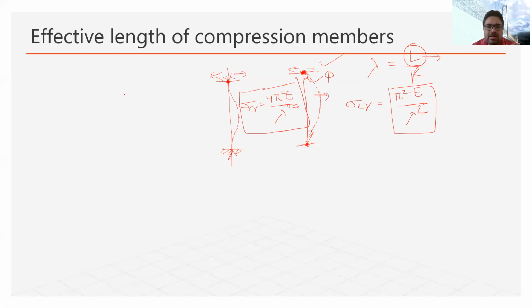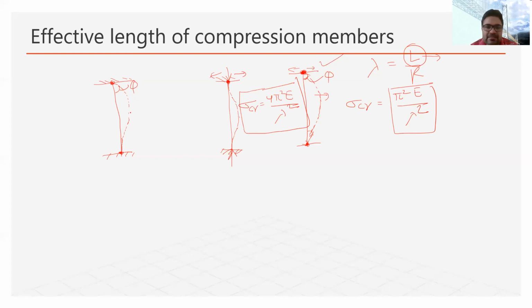Similarly, if one end of the column is fixed but the other end is hinged like this, then the failure pattern of the column will be like this. Here you can see there is no rotation at the fixed end, theta value is 0, but at the hinged end theta has some definite value.